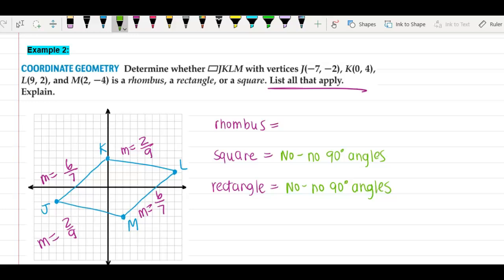We could find the diagonals. If this is a parallelogram, then the diagonals are bisecting each other. But at the end of the day, if we were to find all the lengths of each side, they would all be the same. So if all the sides are the same, but they don't have 90 degrees, regardless if they do or not, this would have to be a rhombus.